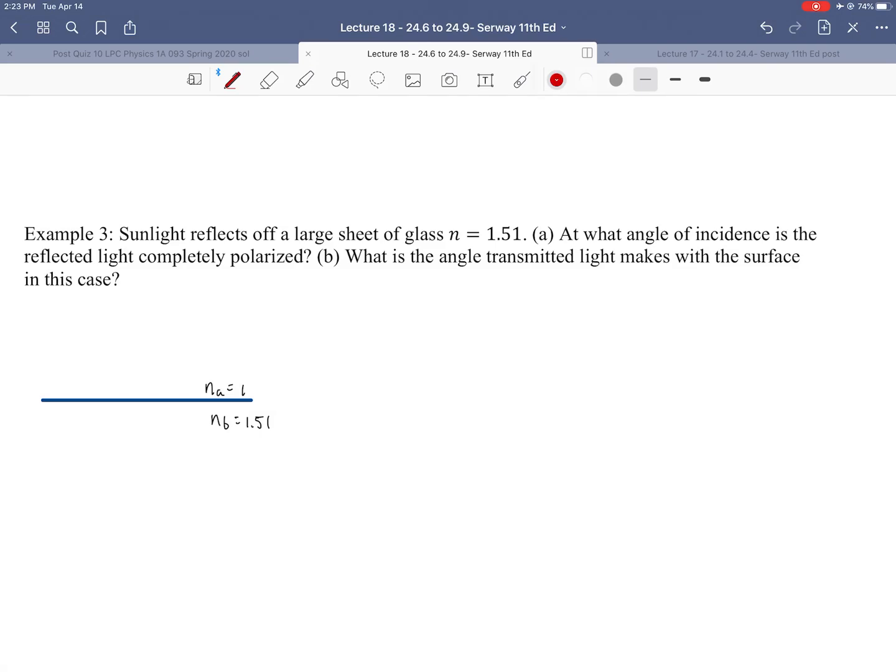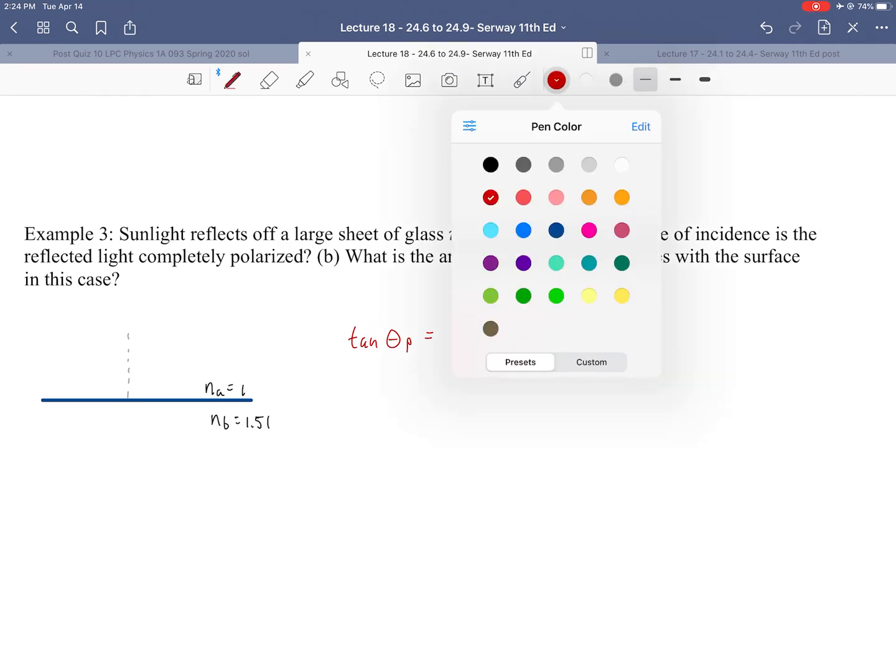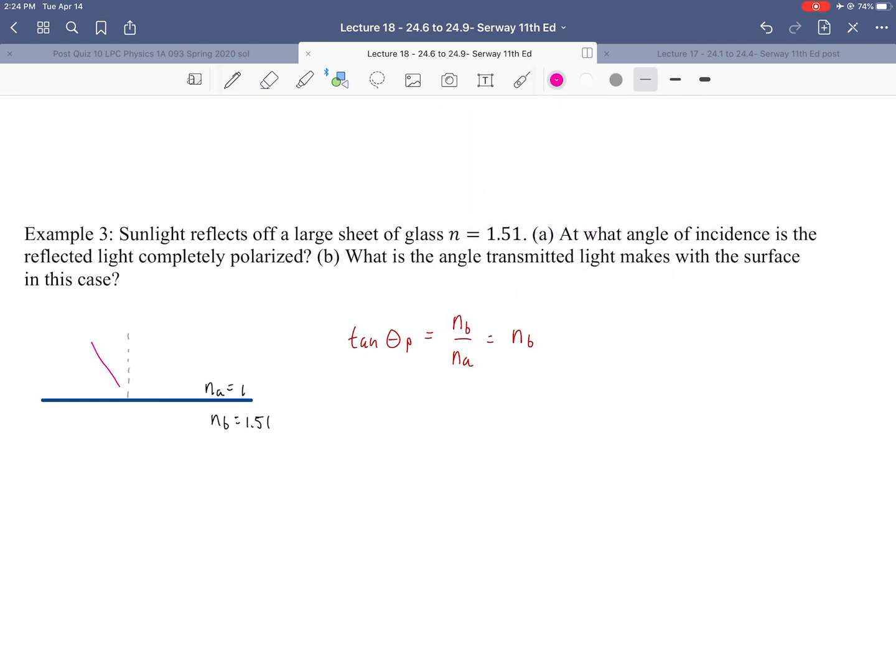And then let's set it up. So our formula is just going to give us that tangent of theta p is going to equal NB over NA, which is just going to be NB because NA is 1 here. And so then we want that light to come in, so this will be our incident ray, like so.